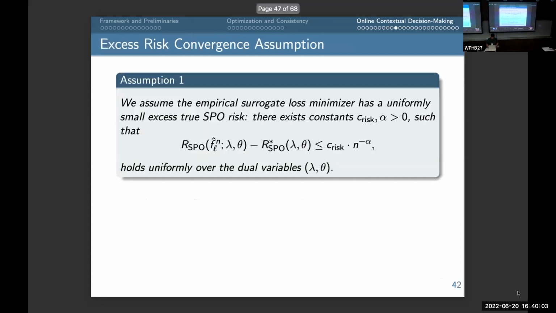Yeah, thank you. Okay, so to establish the regret bounds, we need to first make an assumption about the surrogate loss that we use. And what we do is we basically build upon the previous statistical results that I presented before for SPO plus. So we assume that the empirical surrogate loss minimizer has a uniformly small excess true SPO risk, which holds uniformly over the dual variables.